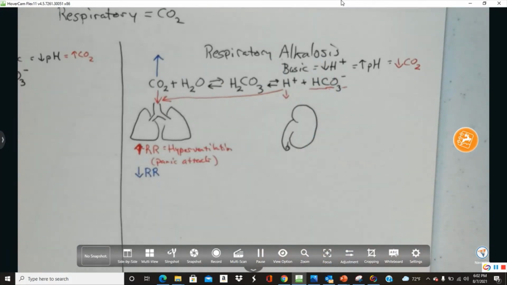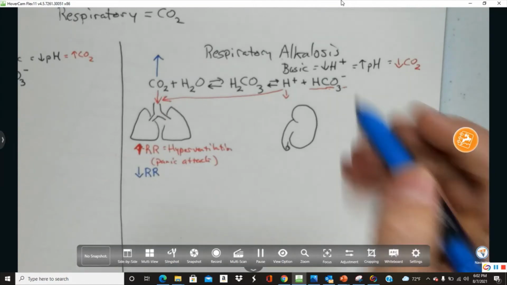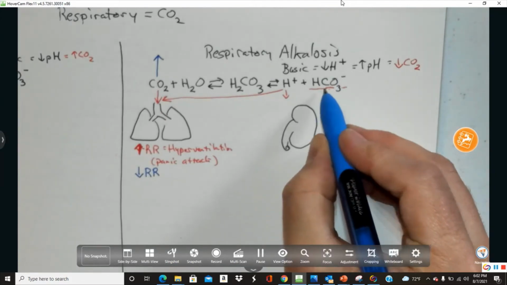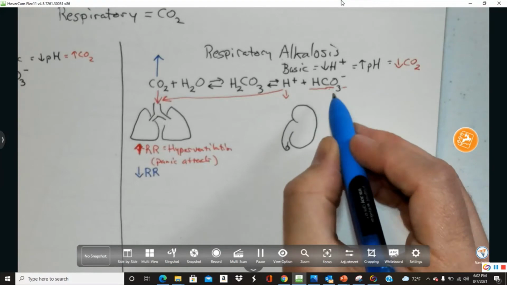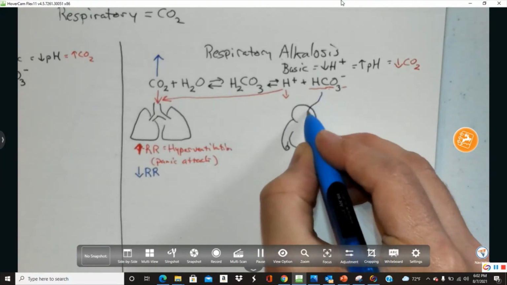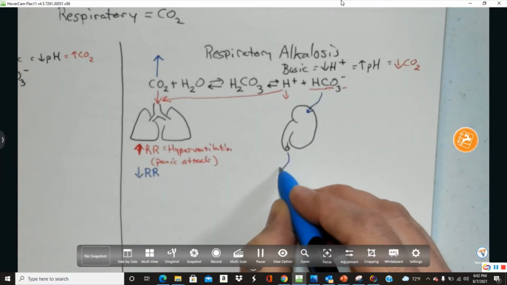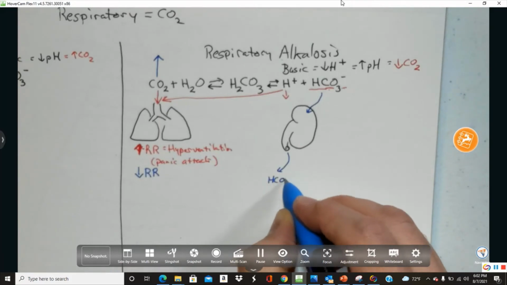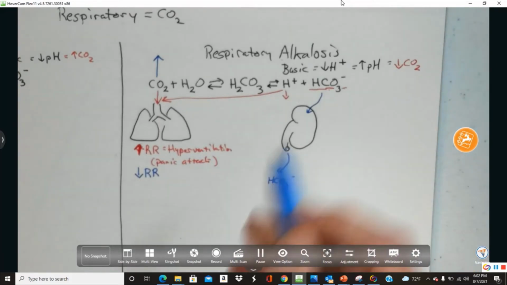Now, as we also think about it, remember, one of the big things we can do, though this is normal, is pull out the bicarb and urinate it out and get it out of the body.